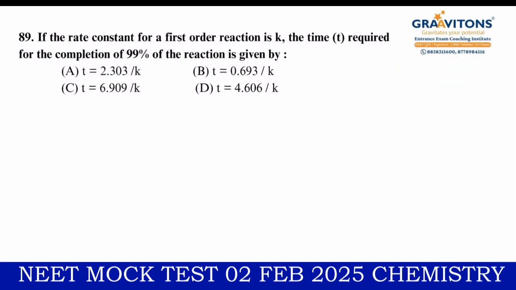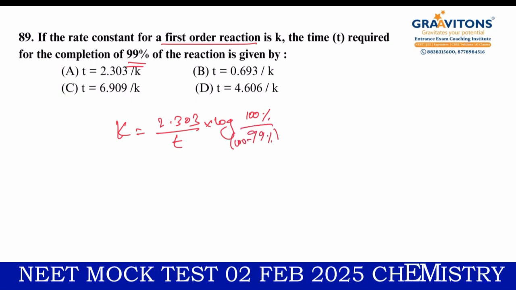89th question, if the rate constant for the first order reaction is K, the time T required for the completion of 99% of the reaction is given by. We know for the first order reaction, K is equal to 2.303 by T into logarithm of initial concentration by final concentration. I can take initial concentration as 100% and the final concentration as 100 minus 99%, which is 1.